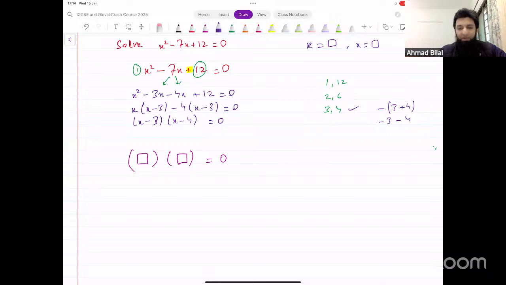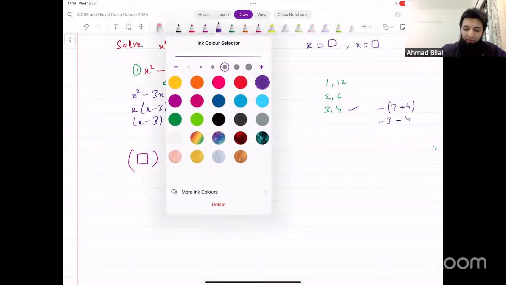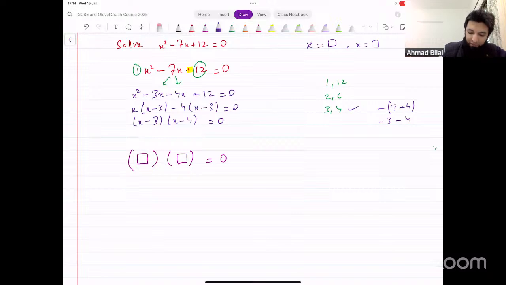When either the first one is 0 or the second one is 0. At least one of them has to be 0. Otherwise, the product cannot be 0, right? Any two numbers, if none of them is 0 and you multiply them, the result will also not be 0.